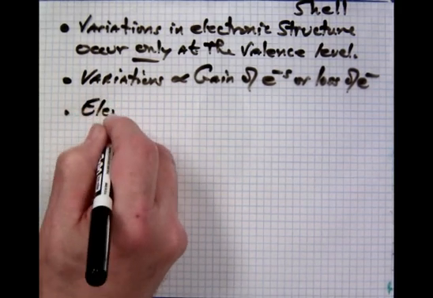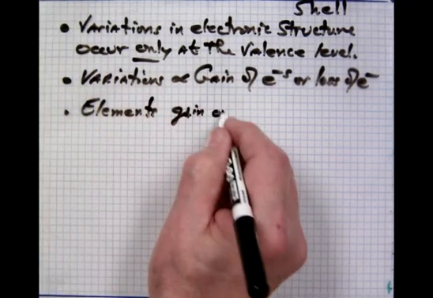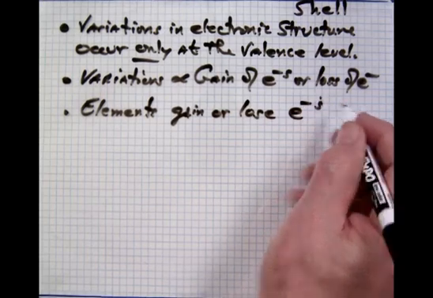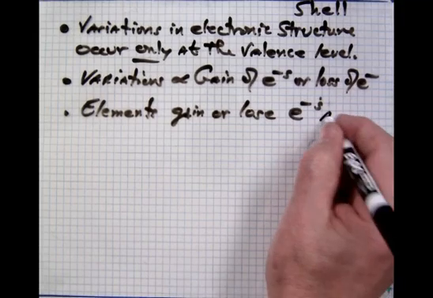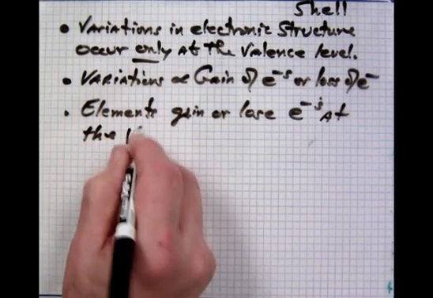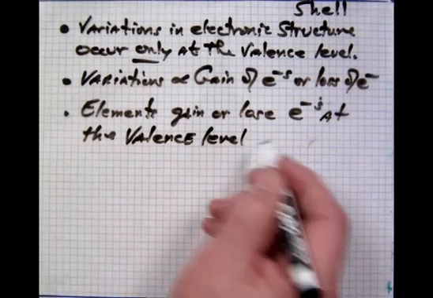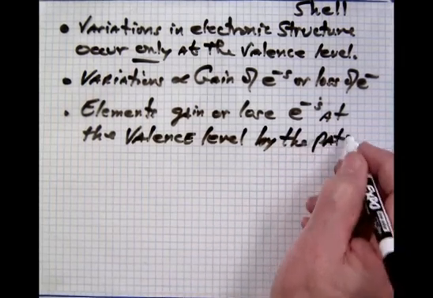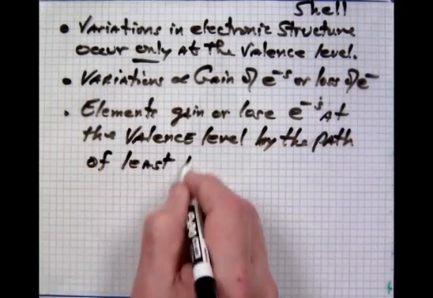Elements gain or lose electrons at the valence level by the path of least resistance.